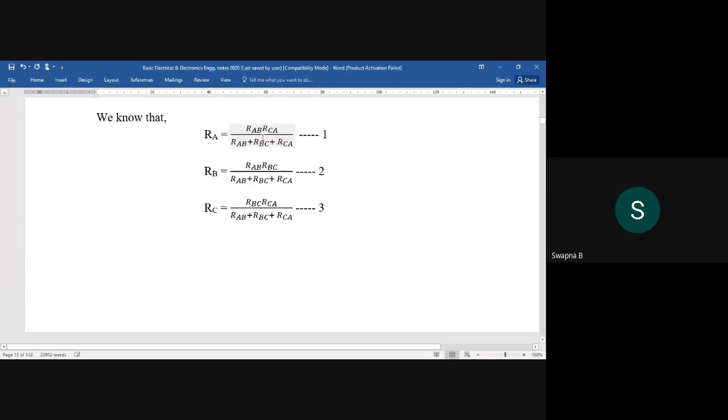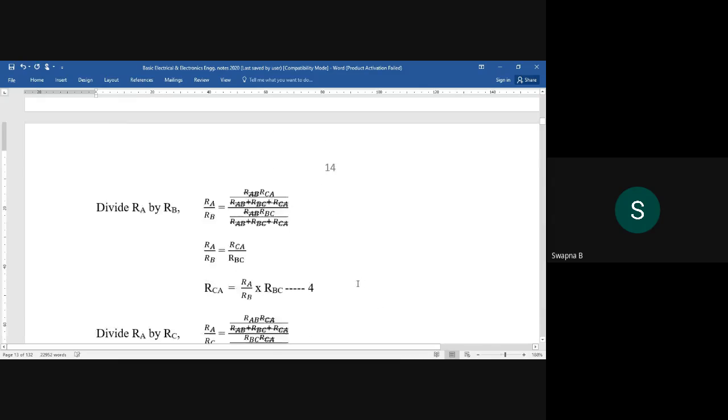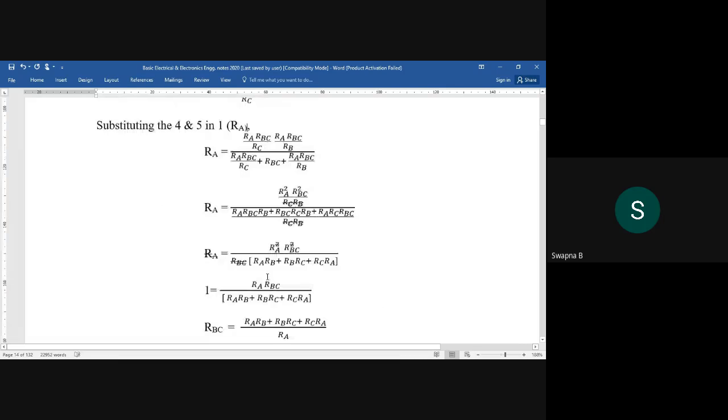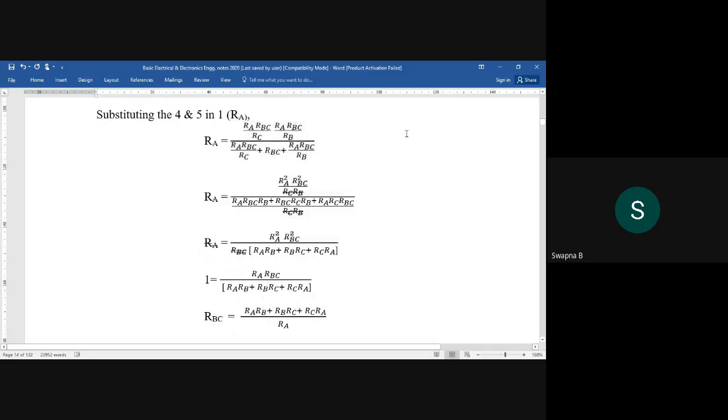Ra is equal to Rab, Rca divided by Rab plus Rbc plus Rca. Now substitute the value of Rab and Rca in equation 1. Okay. Ra is equal to, in the place of Rab, I will substitute Ra Rbc by Rc. In the place of Rca, substitute Ra Rbc by Rb. In the denominator also we will substitute Rab and Rca value.